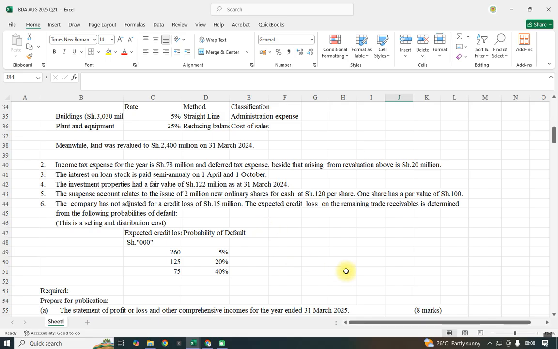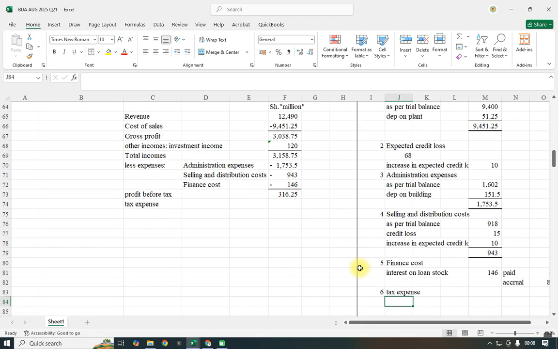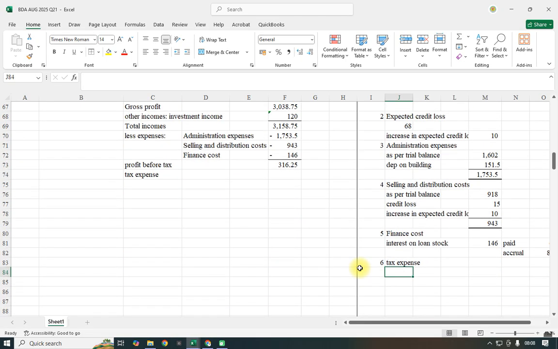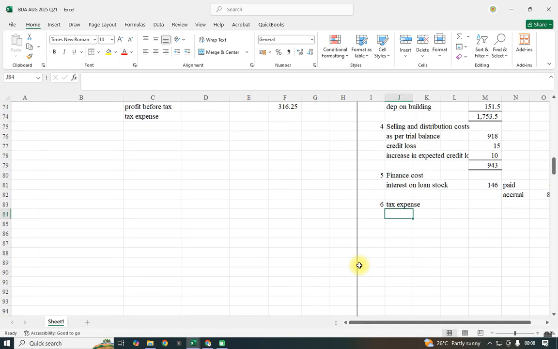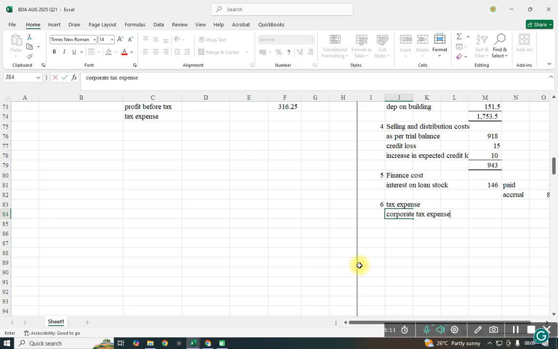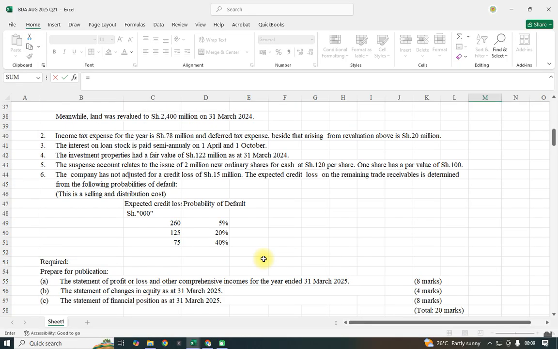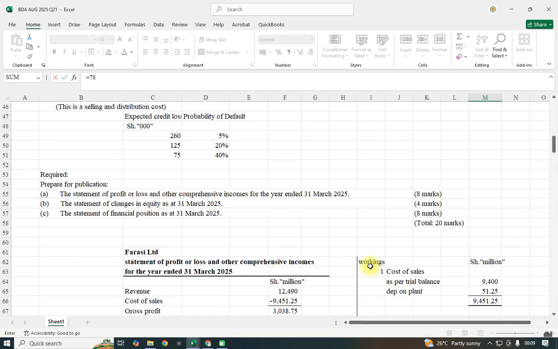And the deferred tax expense beside that arising from revaluation above is 20 million. Let me just call it corporate tax expense. This is the tax for that particular year. We are told it was 78.